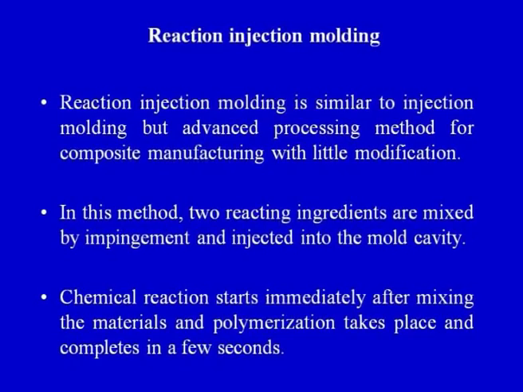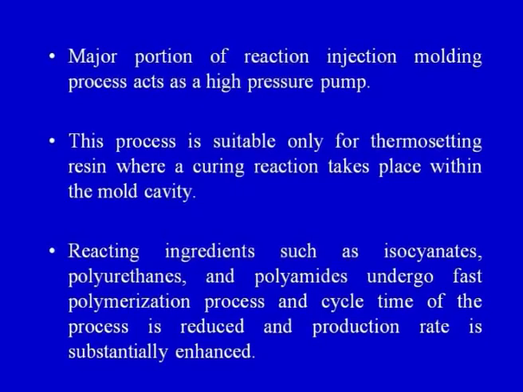Chemical reaction starts immediately after mixing the materials, and polymerization takes place and completes in a few seconds. So, it is a very fast process. The heat of the reaction is used for softening the matrix in reaction injection molding. The major portion of the reaction injection molding process acts as the high pressure pump.